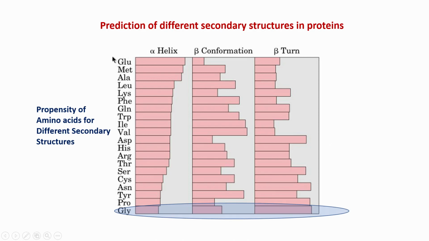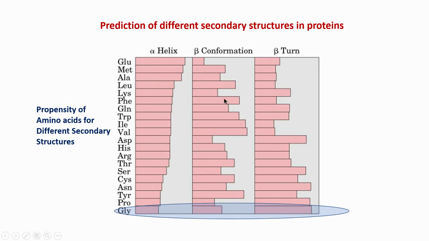So, for example, look at this here, glutamic acid has a very high tendency or propensity to be in alpha helix, okay, and it has a very low tendency to be in beta conformation. Again, beta turn can be thought of as a loop conformation or secondary structure. So, you can see that different amino acids have different propensities to be present in different secondary structures.